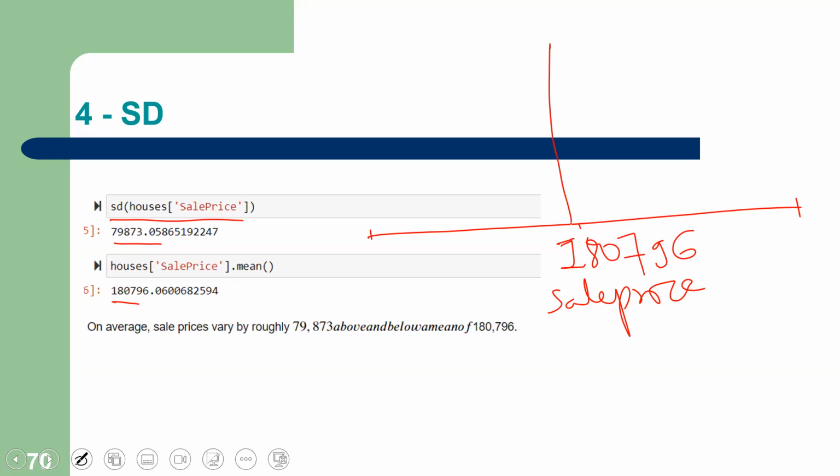Now when I say standard deviation, it could be an addition or a subtraction. So it is roughly 79873 above or below the mean of 18796. It would be somewhere here or somewhere here. So this is your one standard deviation, SD.